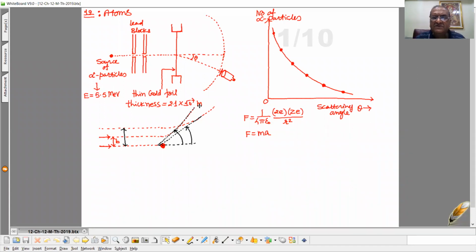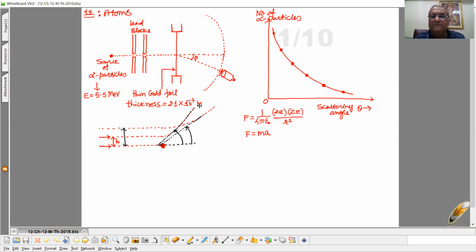So the very first thing that one can conclude, and Rutherford also concluded that thing, is that when an alpha particle is incident on the gold foil, it suffers only one collision. Multiple collisions do not happen, because if there were many layers there would be chances of multiple collisions, but with such a thin gold foil there is no chance of multiple collisions.